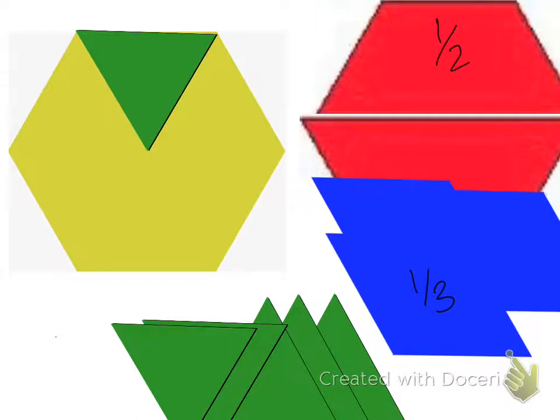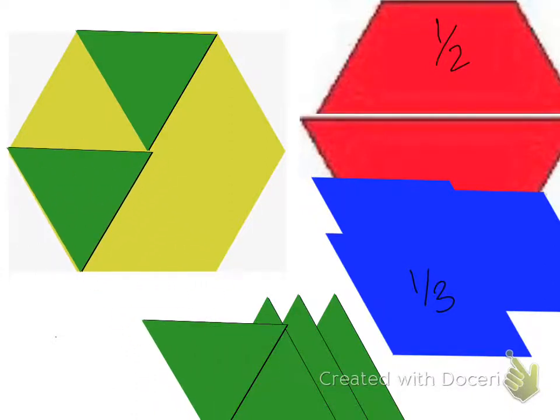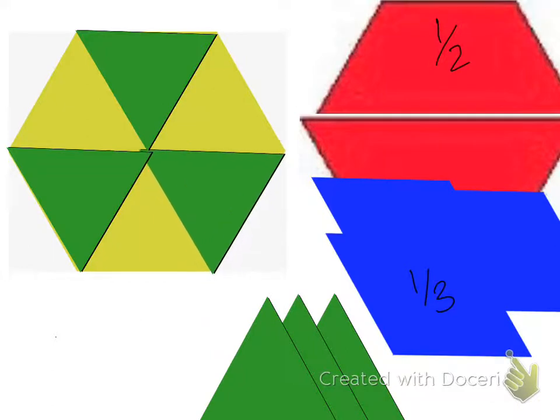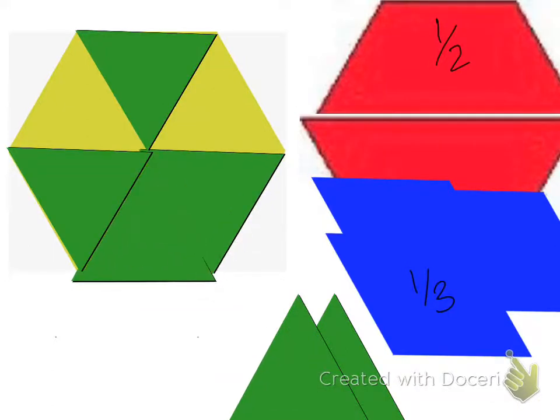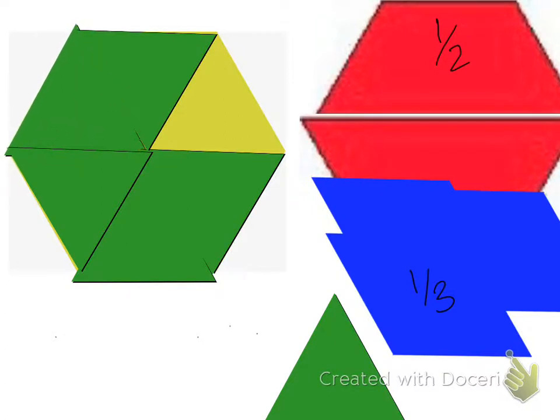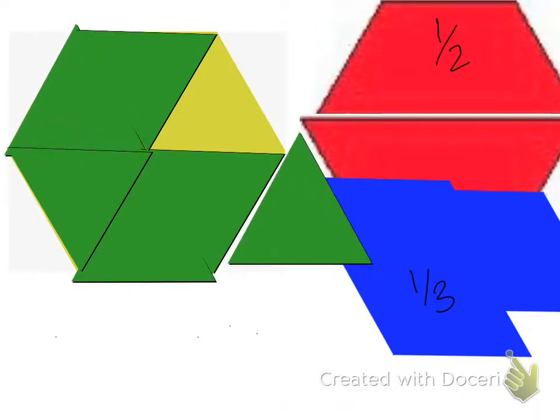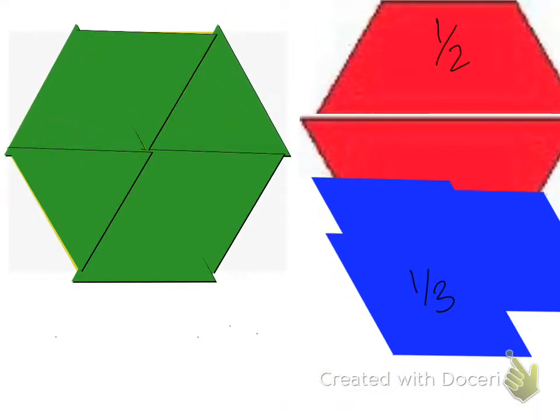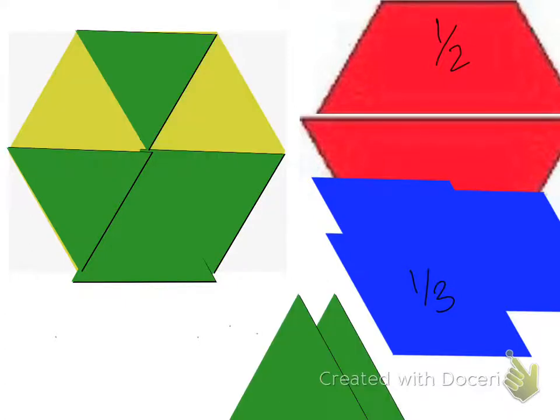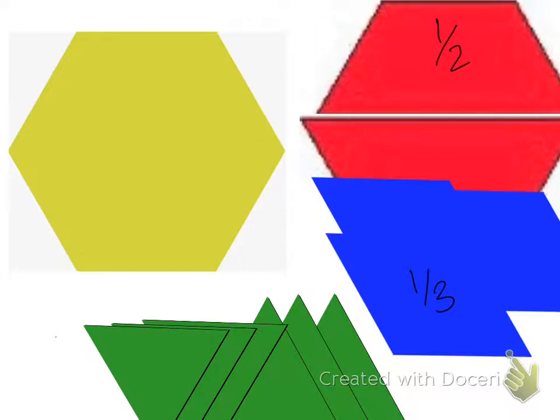It takes 1, 2, 3, 4, 5, and 6. So since it takes 6 green blocks to cover up the yellow block, that means each of these is 1/6 of the whole cake. There we go, 1/6.